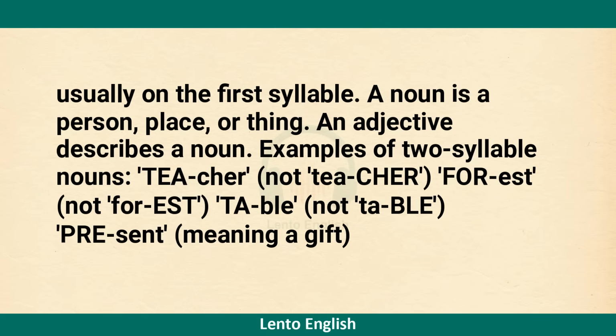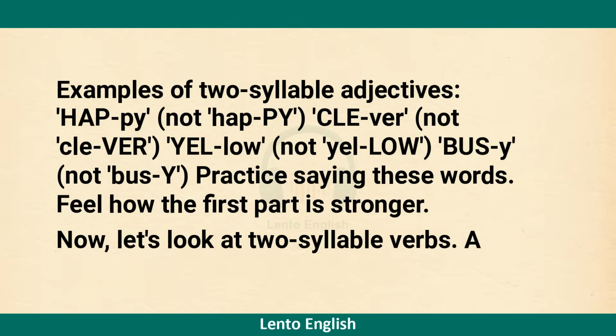Examples of two-syllable nouns: TEA-cher, not tea-CHER; FOR-est, not for-EST; TA-ble, not ta-BLE; PRE-sent, meaning a gift. Examples of two-syllable adjectives: HAP-py, not hap-PY; CLEV-er, not clev-ER; YEL-low, not yel-LOW; BUS-y, not bus-Y. Practice saying these words. Feel how the first part is stronger.